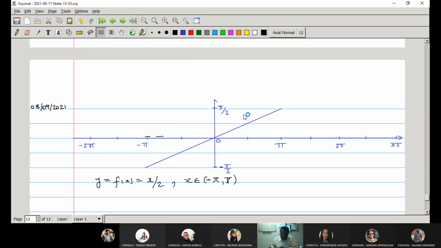Okay, but let me give you an idea. That's why I wanted this. So you take this, you just translate like that. Meaning you shift this by 1 period because the period is 2 pi, right? So from negative pi to that. I add 2 pi to each point. If I add 2 pi to this point, you see that it comes here at pi. And if I add 2 pi to this, it will be there.